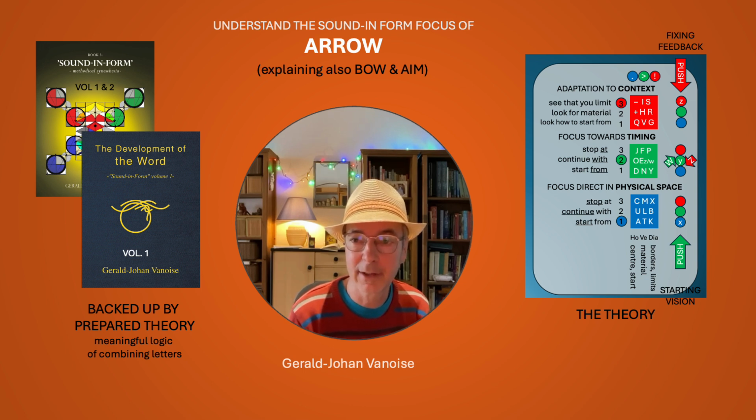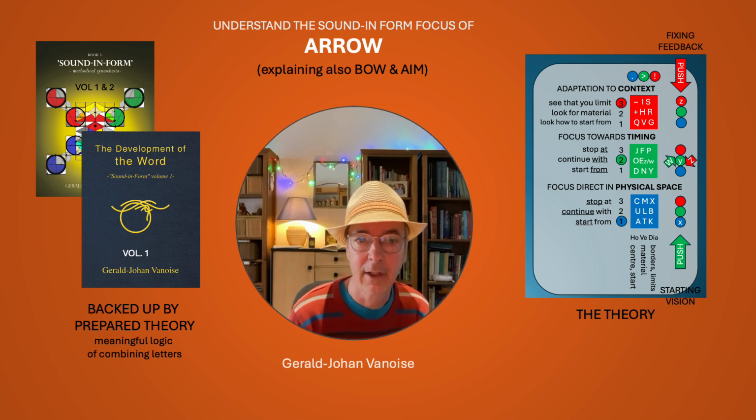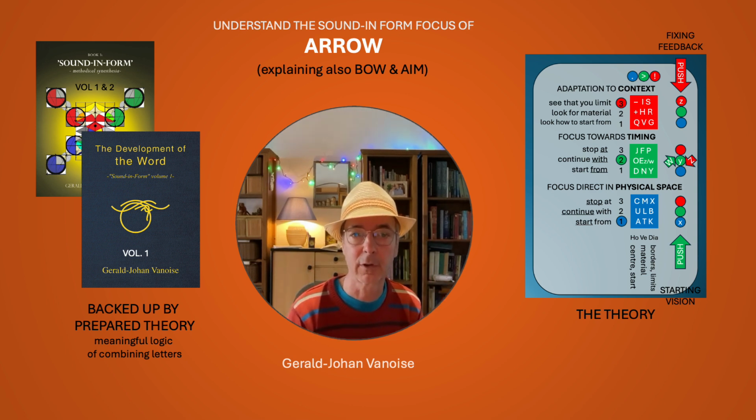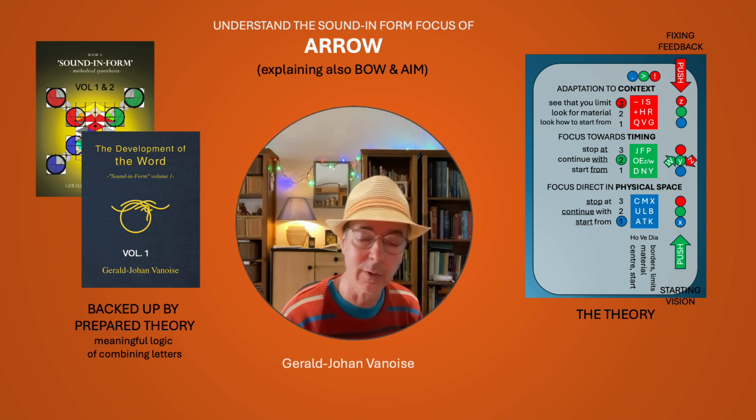Is it always immediately available as I show it, sometimes, that you can see the form forming itself by the combinations of letters? Not always the case. In the case of arrow, it was a bit more difficult, but I took this example especially to show you that the combination of letters still shows you in which direction your aim is, because it's almost about aiming something, and in which direction your mind is going, and what the suggestion is in the word.